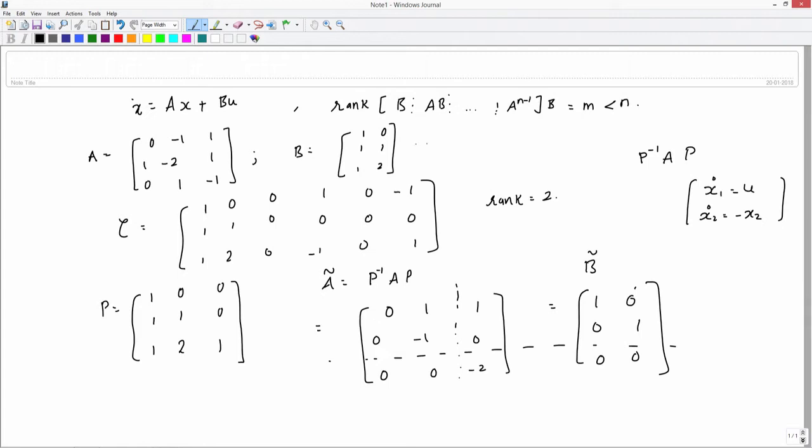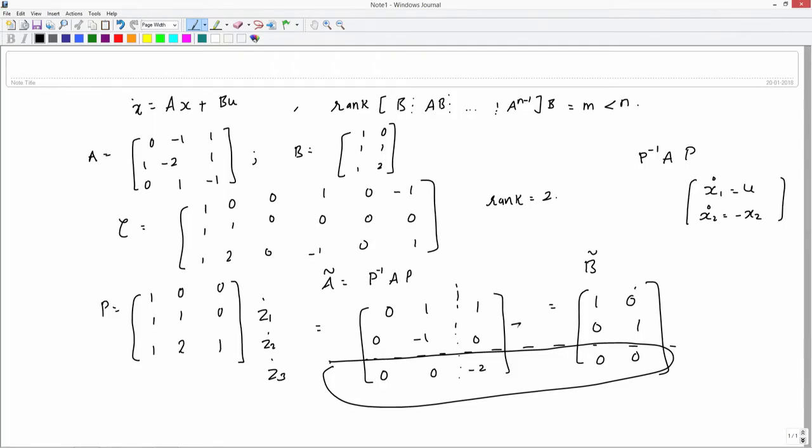Now, what happens when I do a transformation like this? If I look at these new coordinates z1 dot, z2 dot, z3 dot, given by this new A times z plus B times u, z3 has no influence of the control because the entries of B are 0, whereas z1 and z2 are controllable because there are some numbers coming in here.